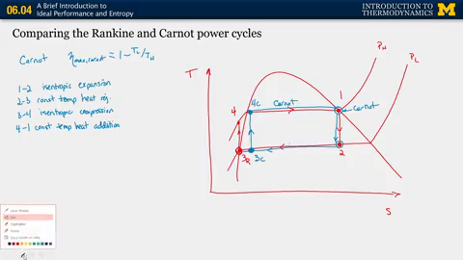So let's go back here. And so we look at the Carnot cycle efficiency, and it's defined by this T low and T high, and we can see very clearly where the Carnot T low and T high are defined in our process diagram here, right? Here's T high, and here's T low.